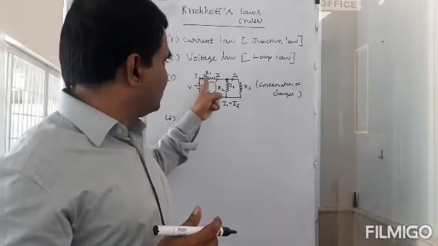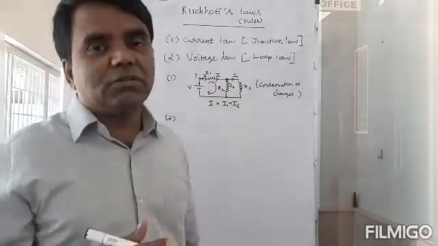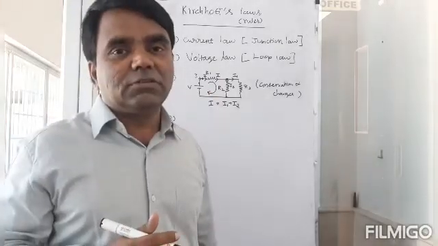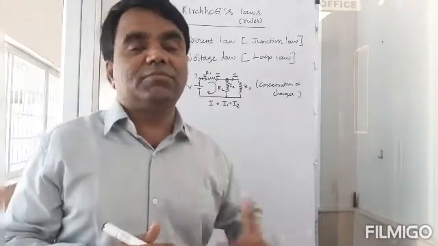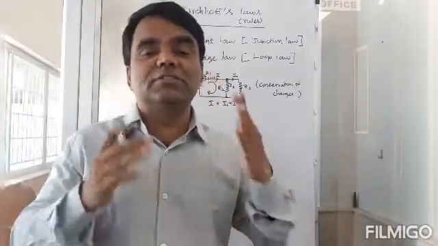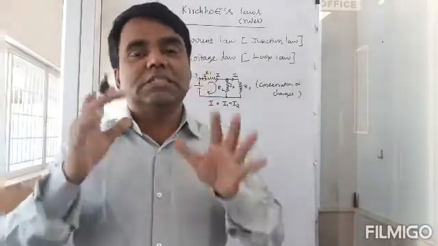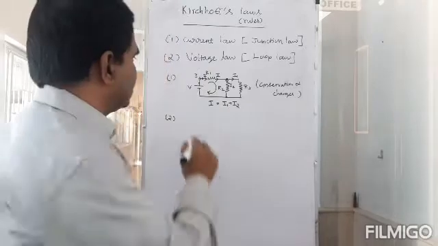The potential drop or the potential difference in a closed loop of a circuit, the algebraic sum, I should say, the algebraic sum of all the potential differences in a closed loop of a circuit is 0. That is the second one.